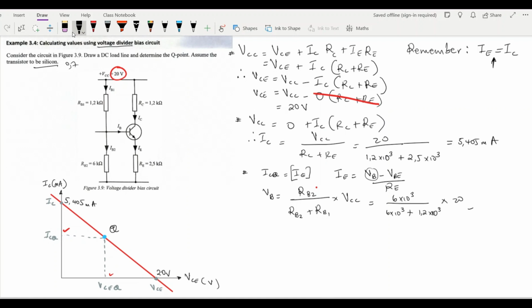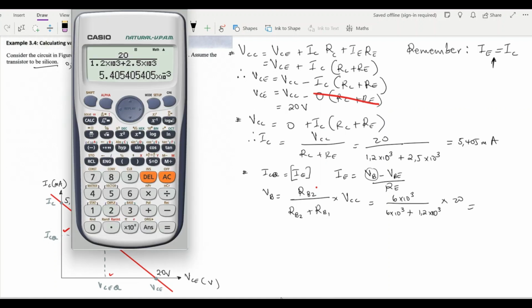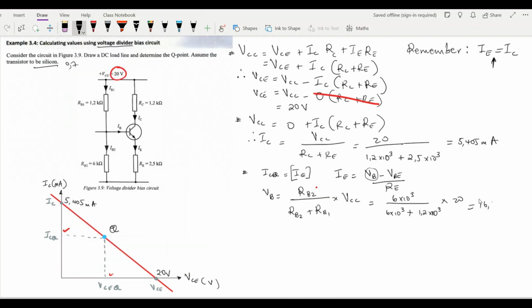Now let us punch that in our calculators. 6 exponent 3, 6 exponent 3 plus 1.2 exponent 3 multiplied by 20. What do we get? We find that the value of VB is 16.667 volts. We take this one and then we substitute it there.